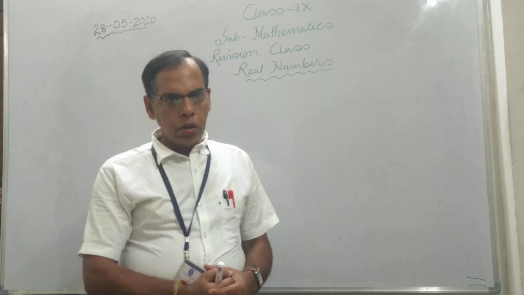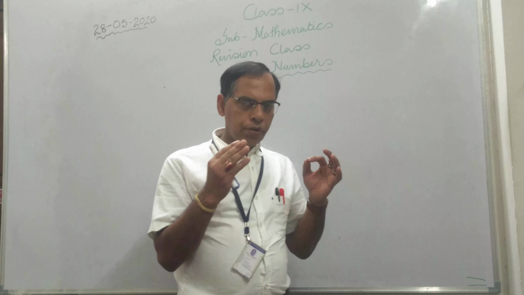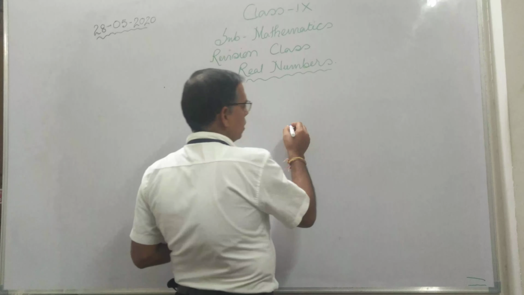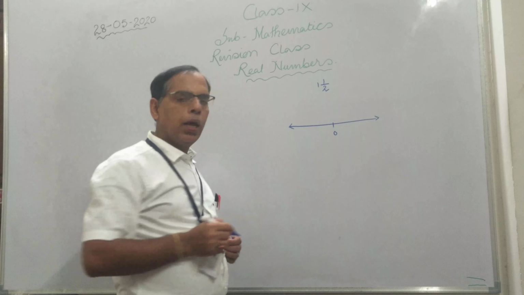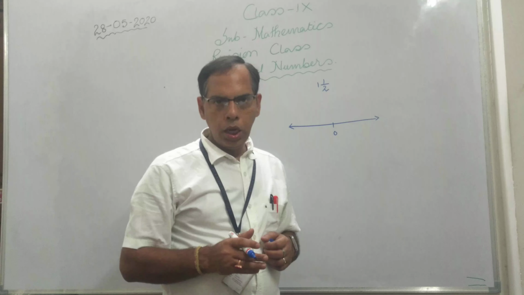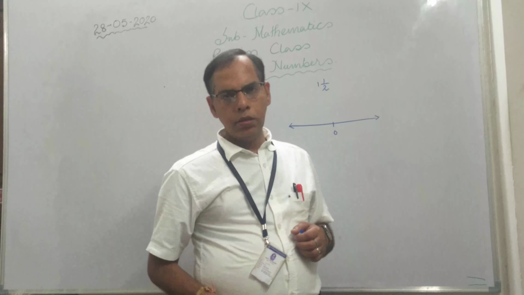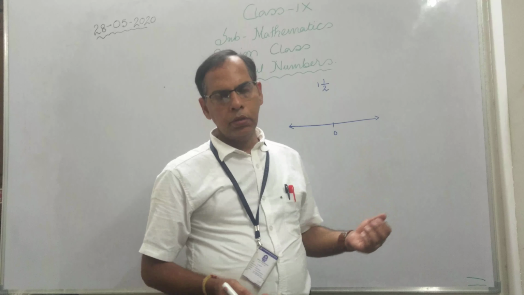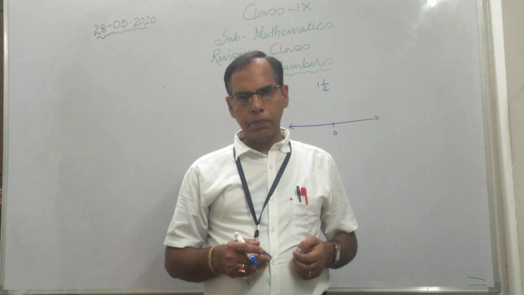So what are the things? First I told you the number line. This is the number line. Number line we have studied, and to represent, suppose, 1 1/2 on a number line. On the number line, as you go towards your right, the number will go on increasing, and if you go to your left, the number will go on decreasing.